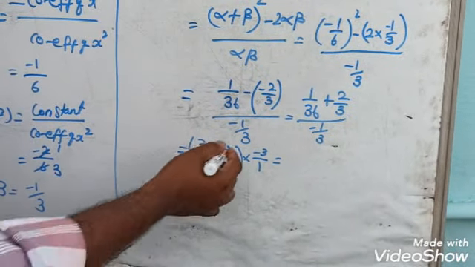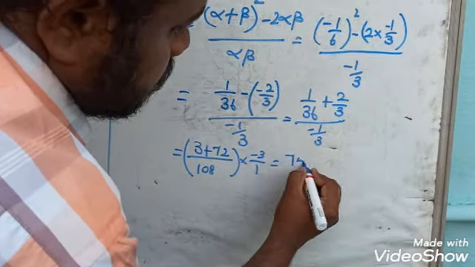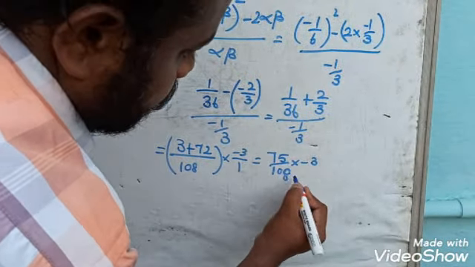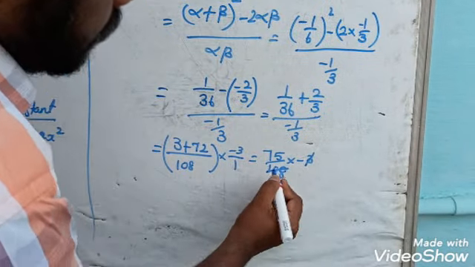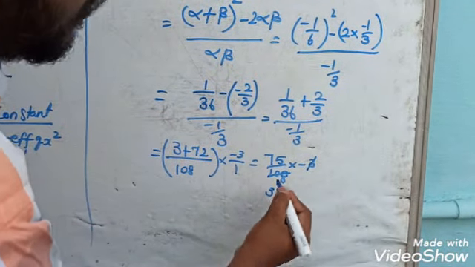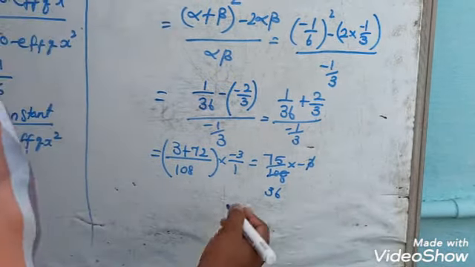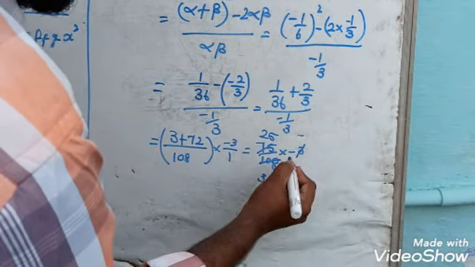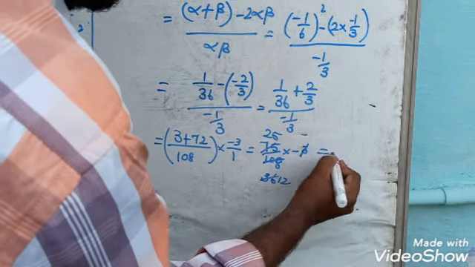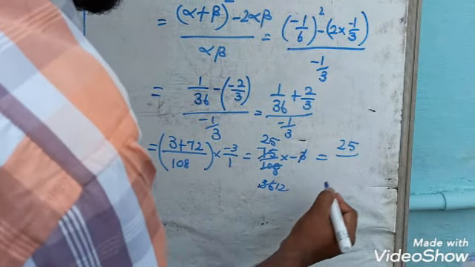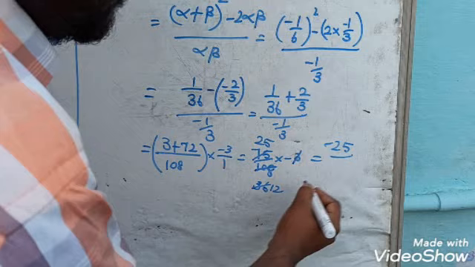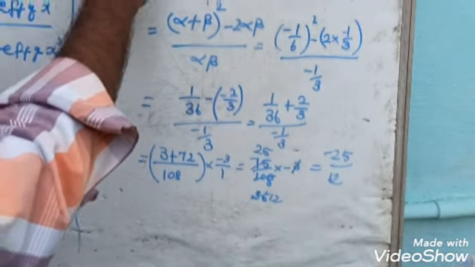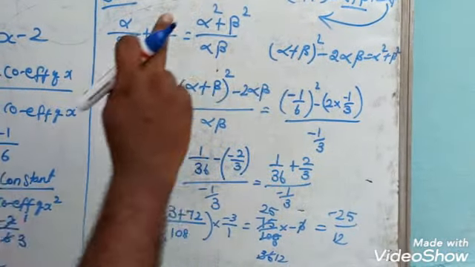So now we get 75 by 108 into minus 3. 1 3 is 3, 3 3s are 9, 6 3s are 18. Divisible by 3: 2 3s are 6, 5 3s are 15, and then 12. So finally we get minus 25 divided by 12. So solving alpha by beta plus beta by alpha, we get the answer minus 25 by 12.